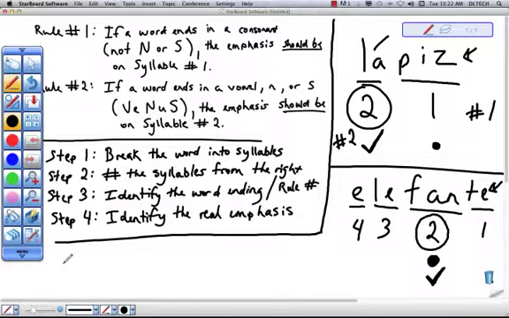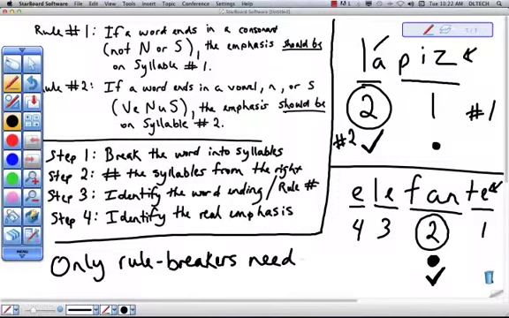So, remember this. Only rule breakers need an accent mark. Words like lápiz need an accent mark because they're breaking the rules.